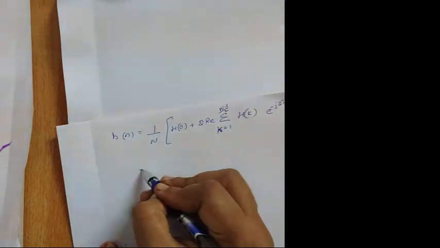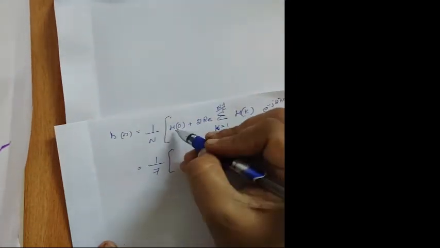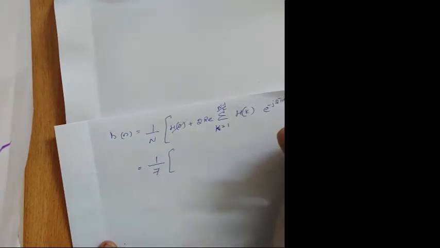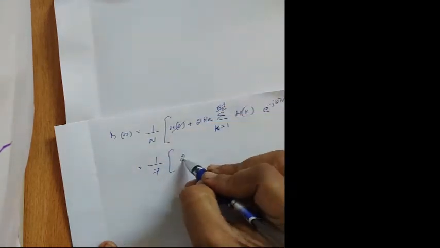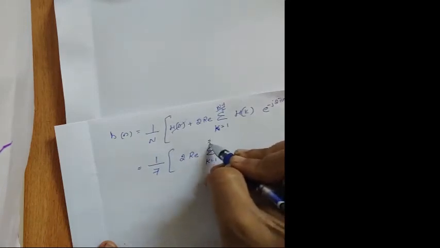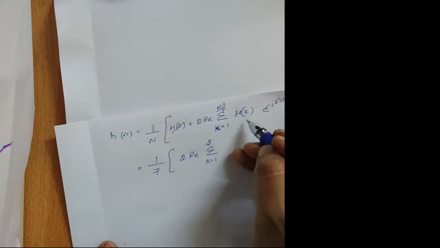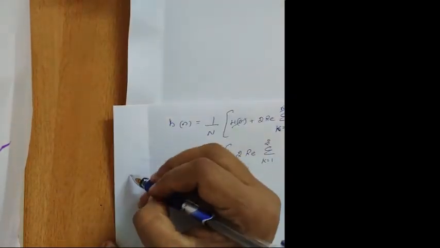This was the basic equation, and now you got N equal to 7. H of 0 is not needed, as this is a bandpass filter. You don't have a middle term over there, so you are cancelling that. 2 real term of summation k is equal to 1 to 3 of h of k, where h of k's value is e raised to minus j (N minus 1) by 2. I will write it over here.